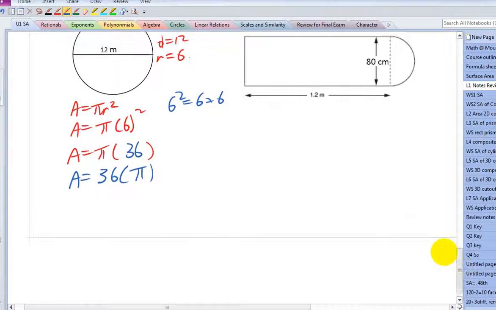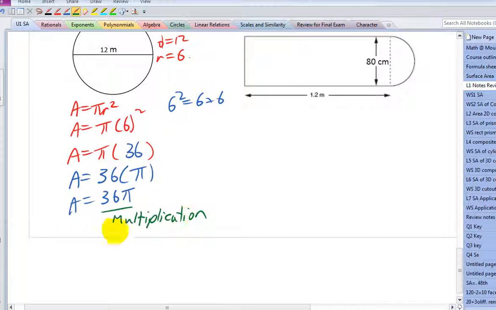And we don't use brackets. So our answer for area is 36 times pi. This is a multiplication. It is also the exact answer. Done.